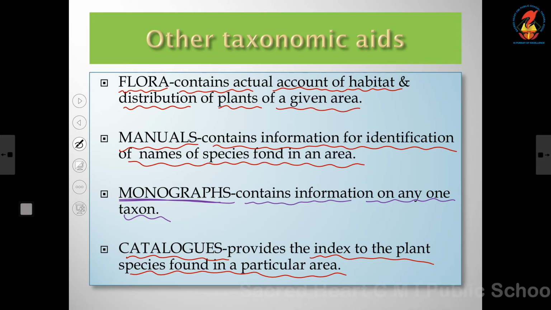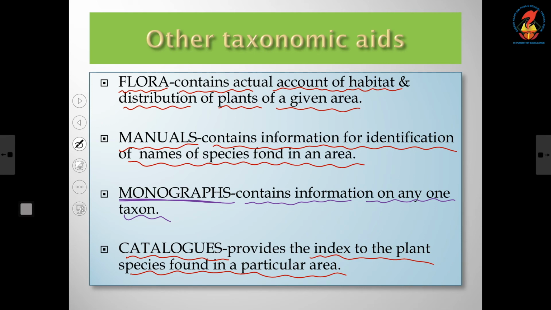The manuals, just like the manuals for gadgets that help us work the machine, help us in the same way. If there are some unknown species in that particular area, to find their names we make use of the manuals, as they contain information for identification of names of the species found in an area. Then we have catalogs, simple as the index of your textbook.